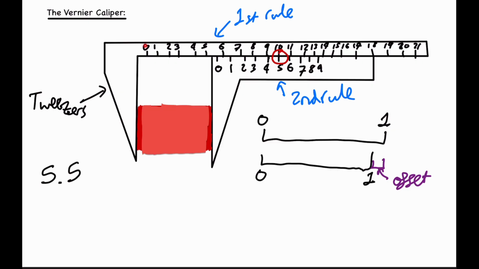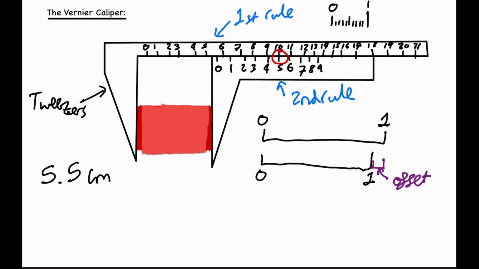In this vernier caliper, we could leave it in centimeters because we're not showing the millimeter accuracy. But if we had a vernier caliper in millimeters, with a 0 and then the small lines like this, we could find the value to millimeter precision plus an extra decimal place using the second ruler. In this case, we can't draw the millimeters on the ruler, so we're going to leave it in centimeters.